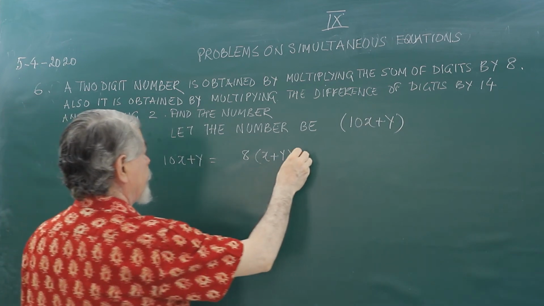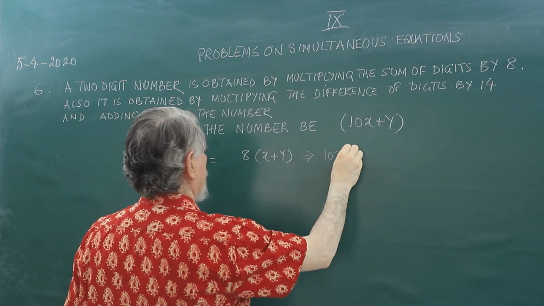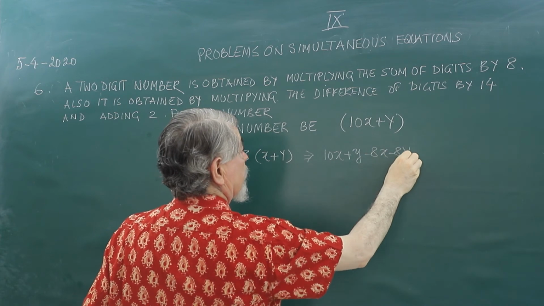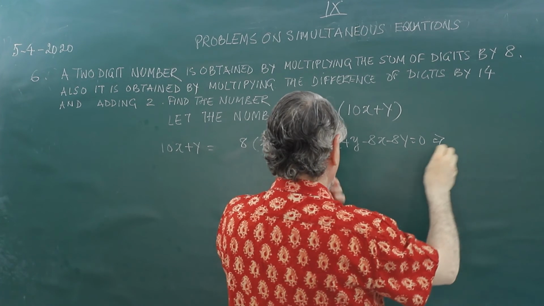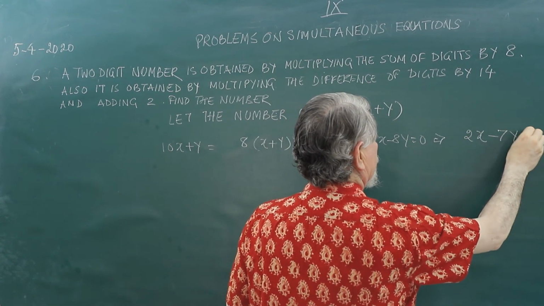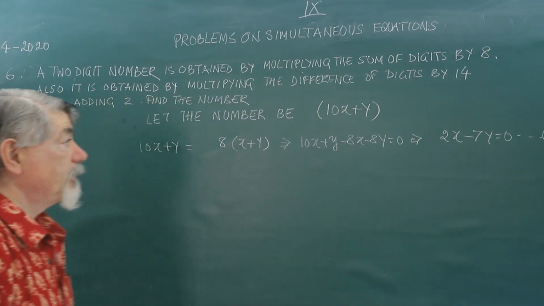Let us see what we get from this equation. 10x plus y minus 8x minus 8y is equal to 0. Or we get 10x minus 8x is 2x, and y minus 8y is minus 7y, equal to 0. This is equation 1, obtained from condition 1.